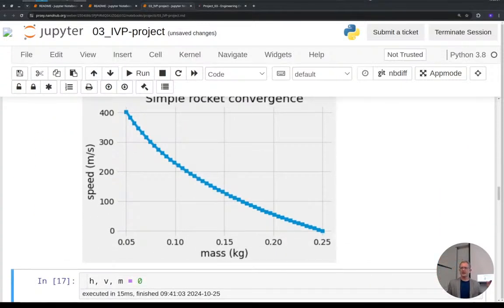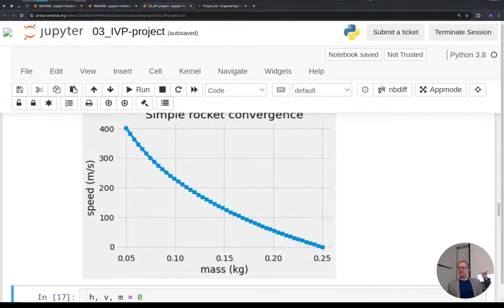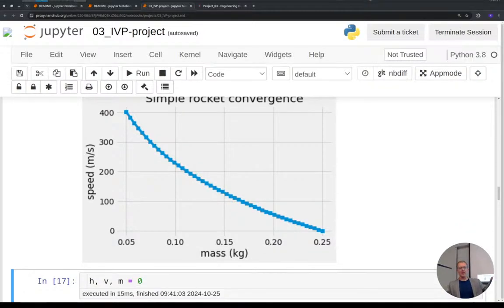So if I just look at how fast am I going versus how much mass do I have, the x-axis is kind of backwards, right? Because we start at a quarter kilogram and we keep burning, so the more we burn, the faster we go. So the final speed is like 400 meters per second.